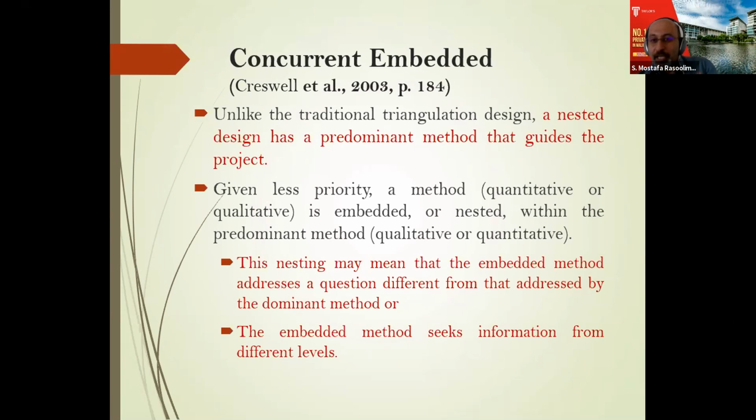We also do descriptive analysis for the results of the demographic characteristics, right? So in this research, qualitative is main, but quantitative is embedded in this study. So this is concurrent embedded. Qualitative is main, but quantitative is nested, embedded with the lowest priority in this research.